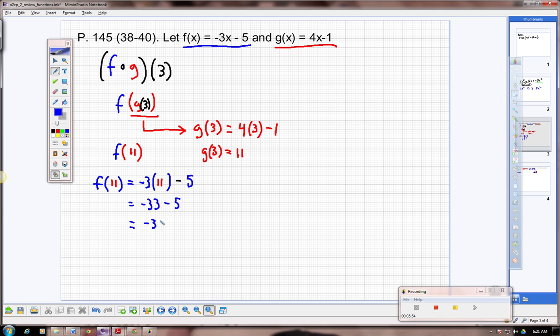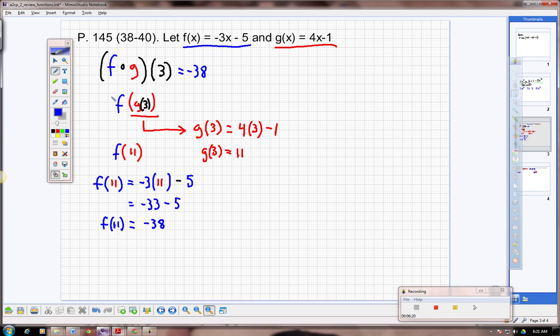I know a lot of you are going to use your calculator anyway. So f of 11, we know, is negative 38. So my final statement, f of g of 3, is equal to negative 38. All right.